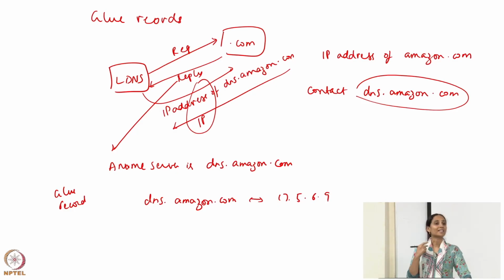So it is sending extra information even though that guy did not ask for it explicitly. This is what is called glue information, a glue record.